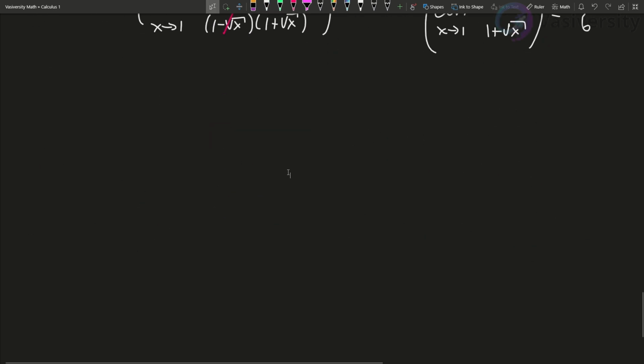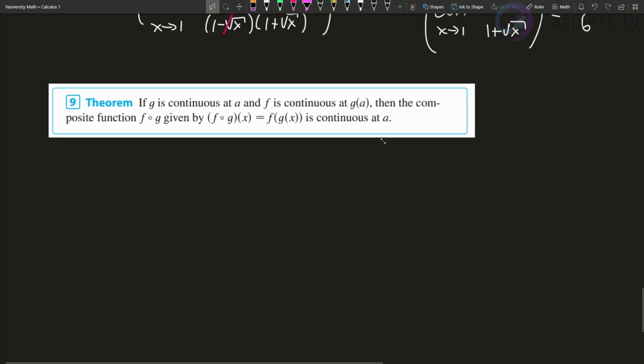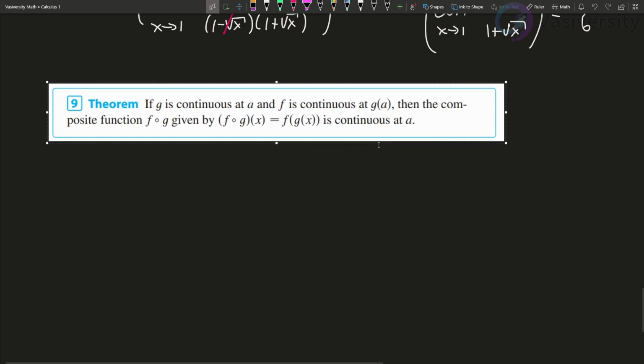And the theorem that we're going to get is: if g is continuous and f is continuous at g of a, then the composition of functions f of g, given by f of g of x, is continuous at point a.